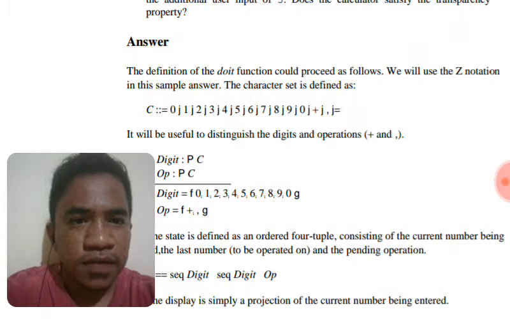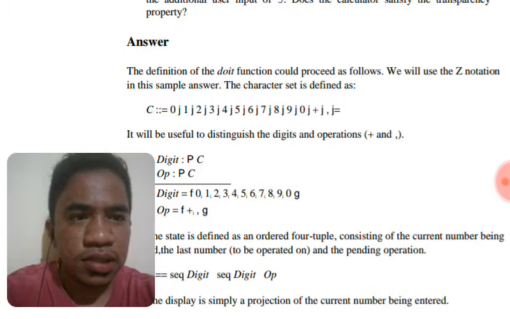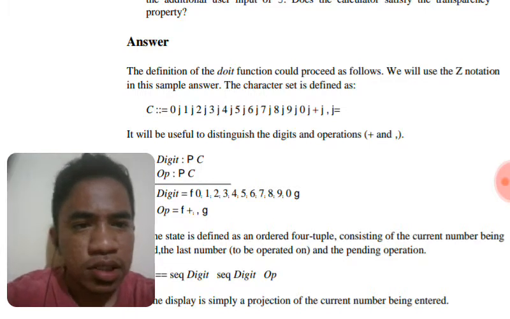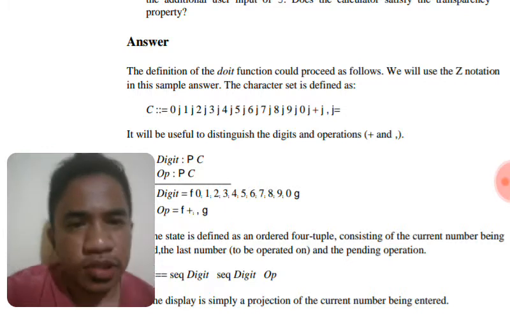Answer. The definition of the do function could proceed as follows. We will use the Z notation, as simple as that. The character set is defined as C: 0, 1, 2, 3, 4, 5, 6, 7, 8, 9, plus, equals.